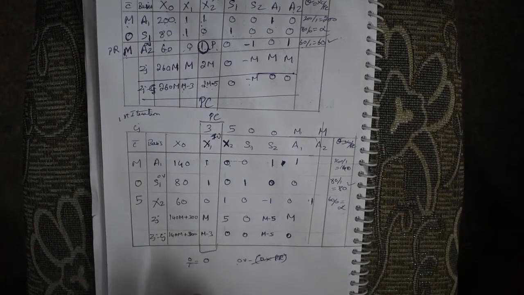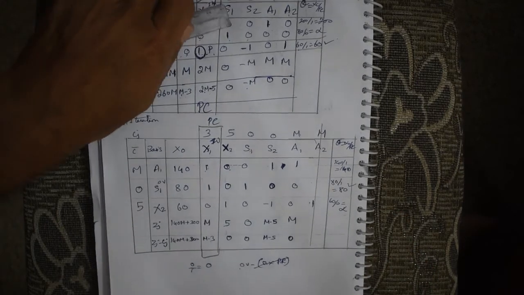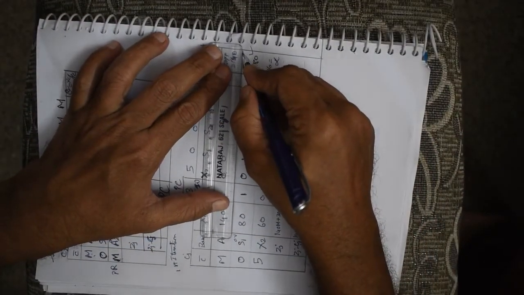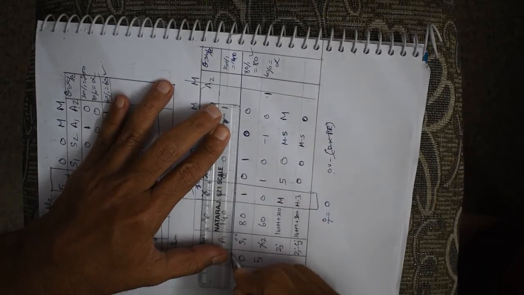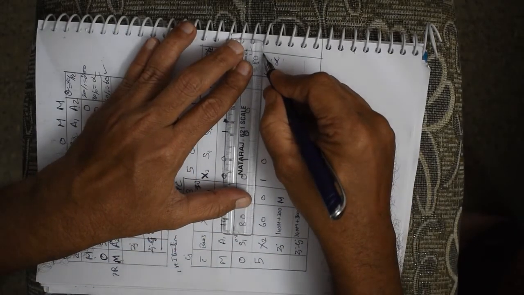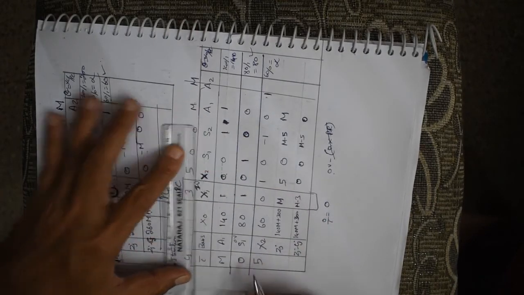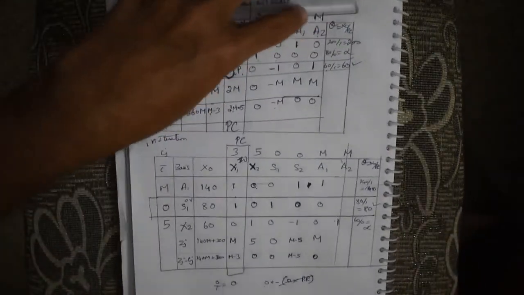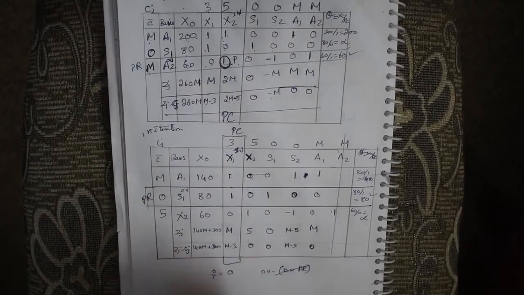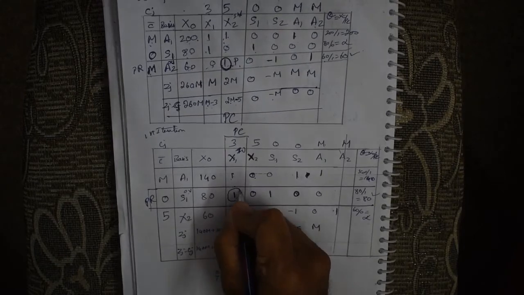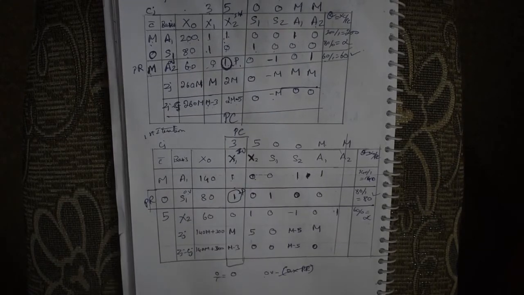S1 is the outgoing variable and that becomes the PR. So S1 is the PR, which is the outgoing variable. Then you have the pivot, which is 1.